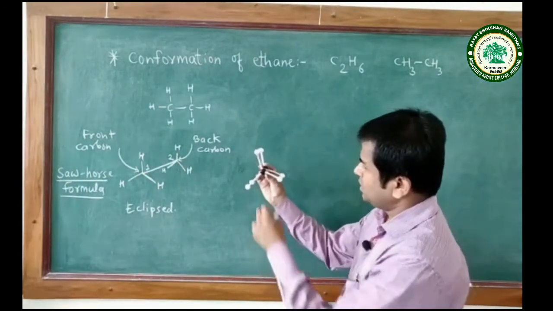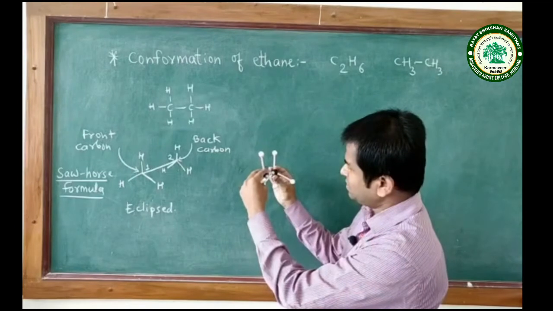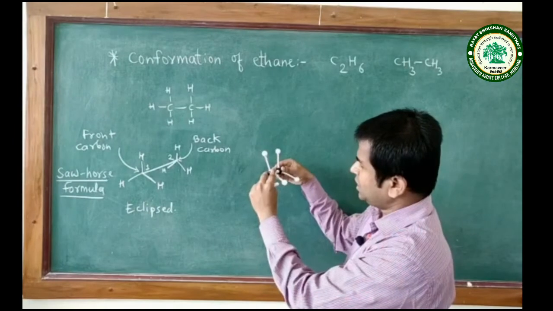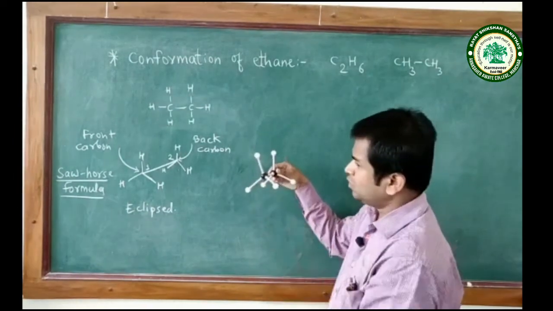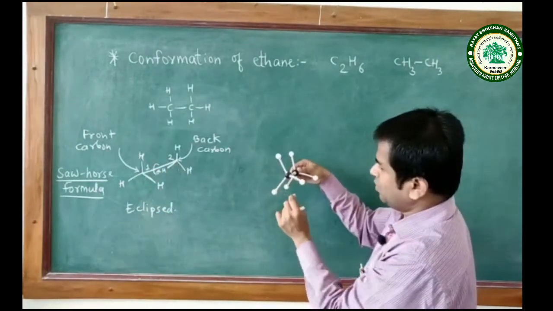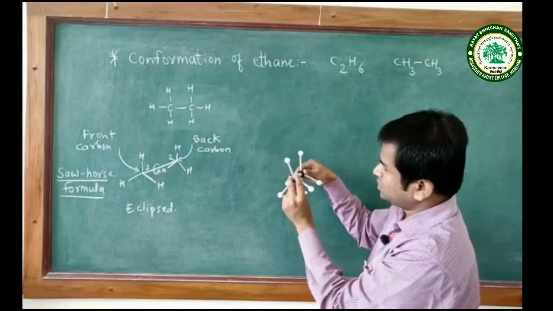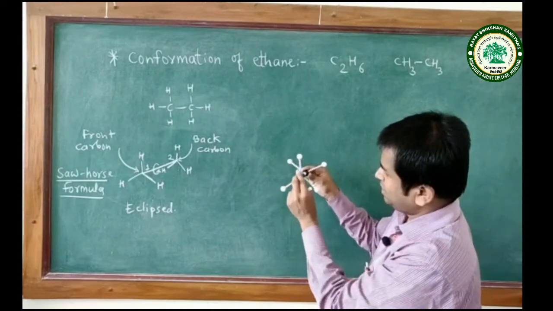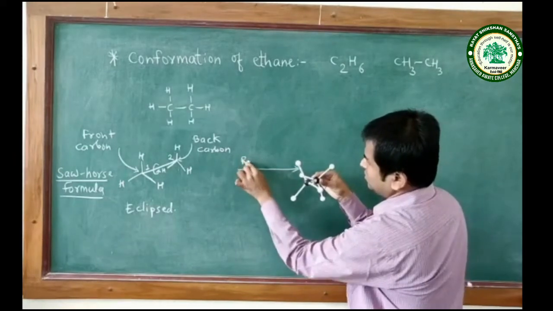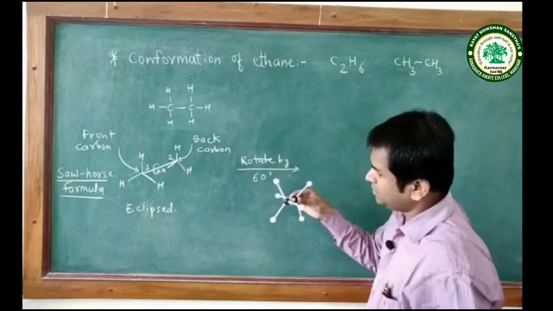Now, in this structure, we fix carbon number 1 and rotate carbon number 2 by 60 degrees along the C1, C2 bond. We rotate the molecule by fixing carbon number 1 and rotating carbon number 2. So the structure obtained after rotation is like this. So we rotate by 60 degrees.